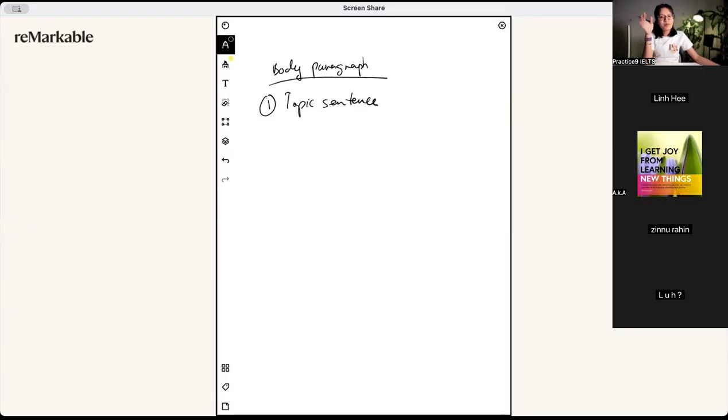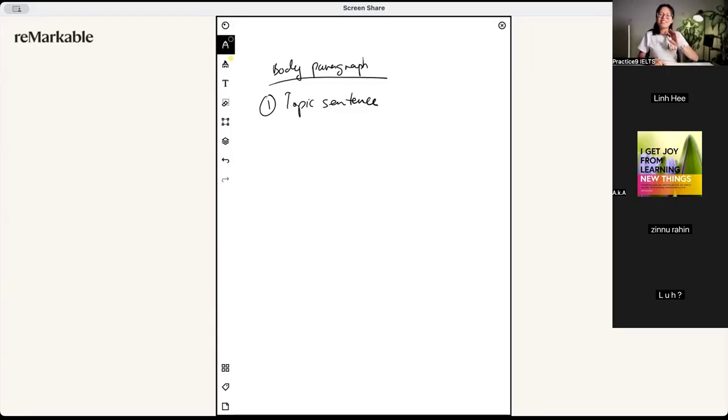Before we move on, I'll tell you one thing. I started IELTS about 12 years ago, and it has changed so much. When I started preparing, everything was very simple because we were not expected to have very good English at the time.